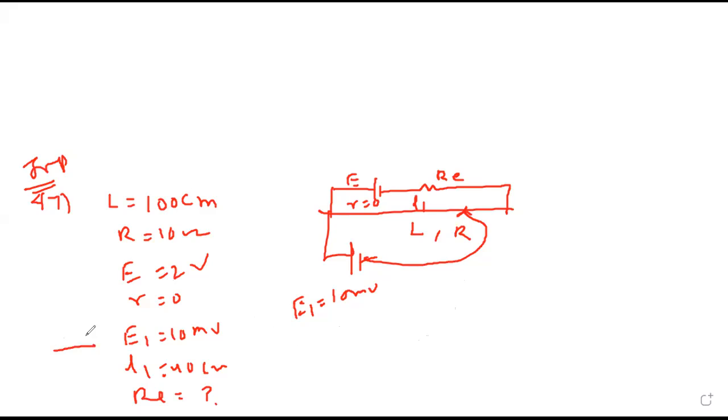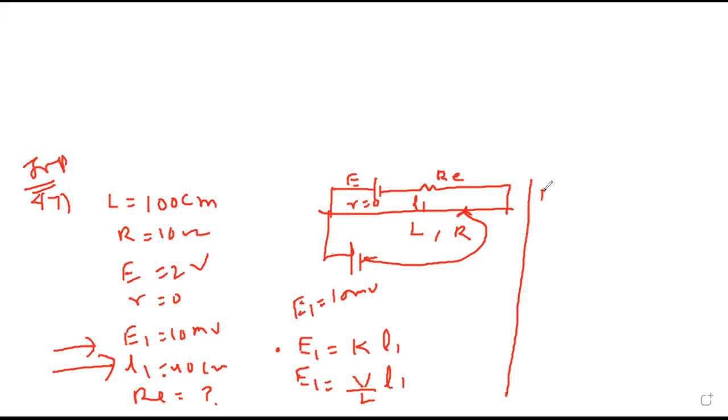Now this E1 is balanced against L1. So I'm starting from that. E1 is KL1. E1 is given, L1 is given, so I started from here. E1 is KL1. K means potential gradient. So total voltage upon length L1. V means current into resistance of this wire.